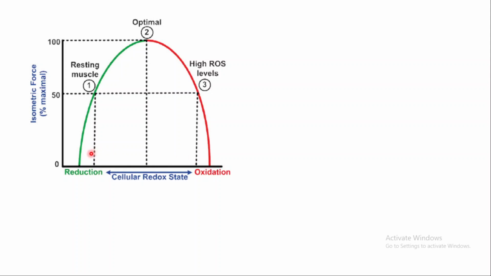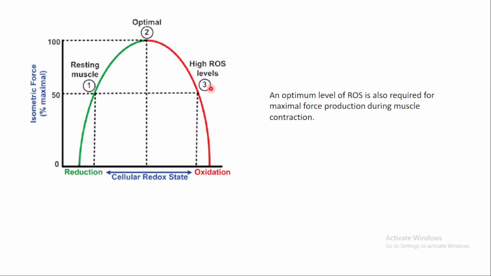So that's why a small amount of ROS is required for muscle force generation, which occurs in the reduction phase or resting muscle. While in high oxidation states, a high level of ROS does not benefit the muscle contraction. It is just detrimental and decreases the isometric force of the muscle. So an optimum level of ROS is also required for maximal force production during muscle contraction.